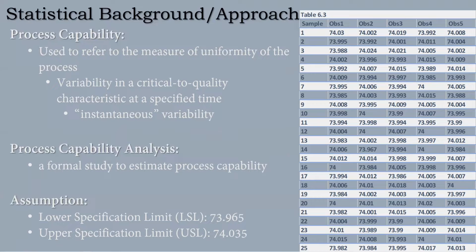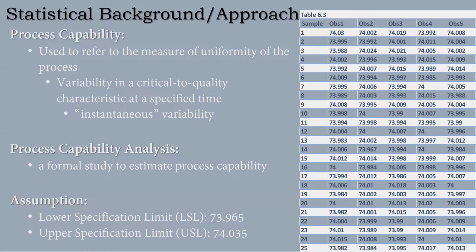We're going to be performing a process capability analysis, which is a formal study to estimate process capability. This estimate is usually in the form of a probability distribution. Oftentimes, specifications or tolerances are taken into account. However, these are not always necessary for process capability analysis. In our case, we will be using specifications.